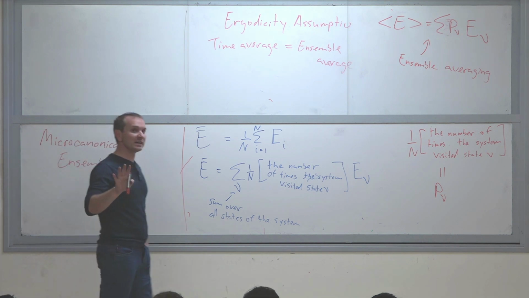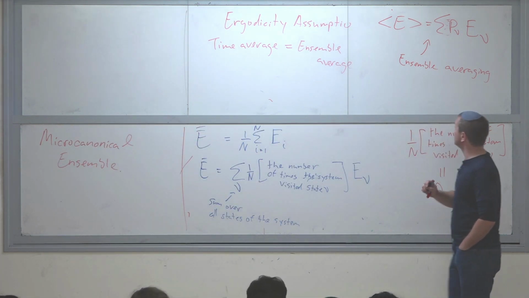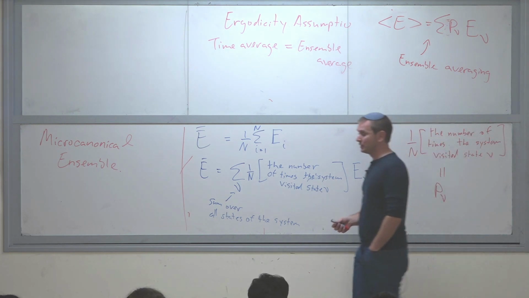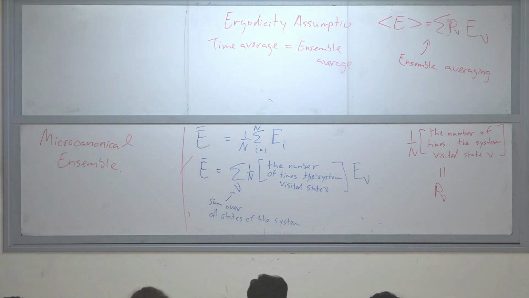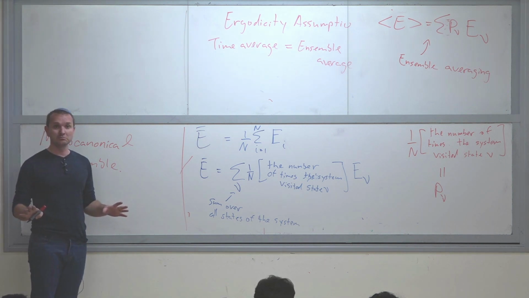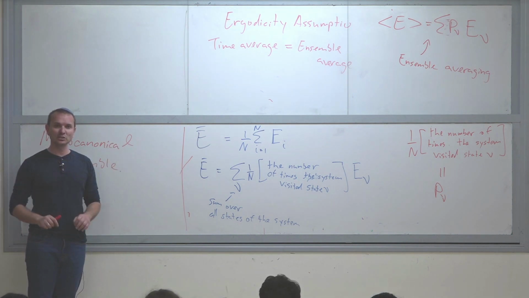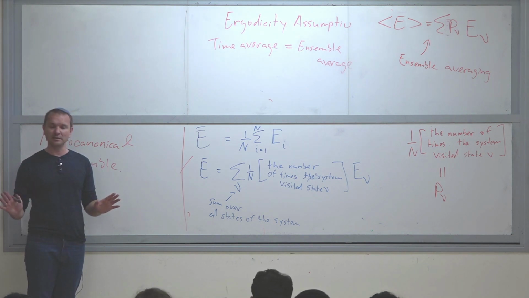I don't know what model I will use yet. I don't care about the models, but there should be some statistical properties that any model should satisfy. In the microcanonical ensemble, there are several assumptions. What are the different assumptions? First of all, for any system that is described by this microcanonical ensemble, all the different representations, all the energies of all the different states, are exactly the same.